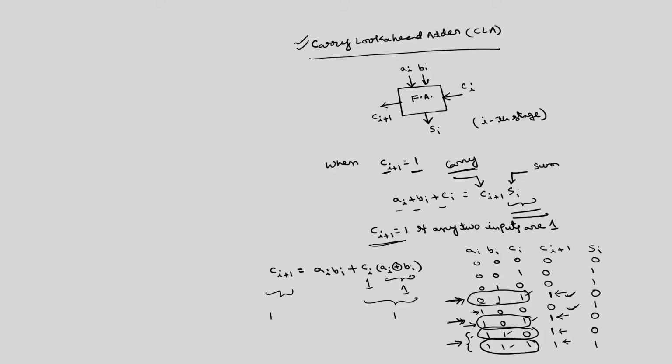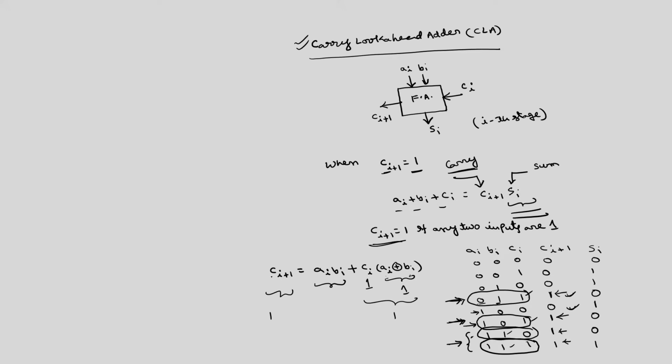So, the two conditions under which Ci plus 1 is generated are: if Ai, Bi both are 1s, that is one condition, or if Ai is not equal to Bi and Ci is equal to 1.